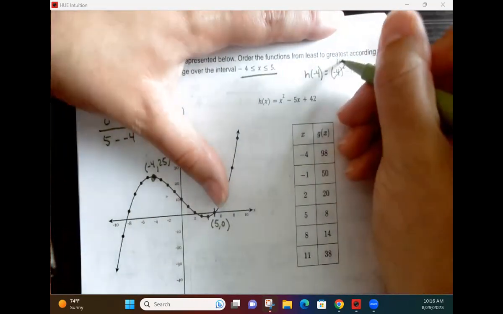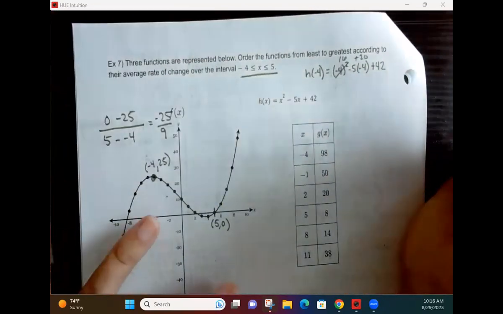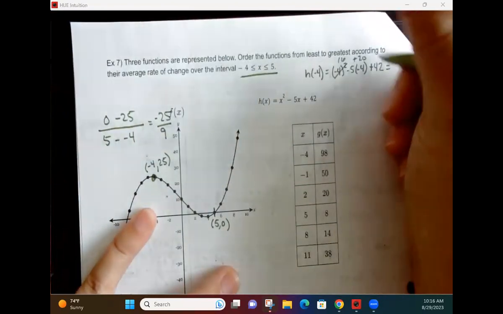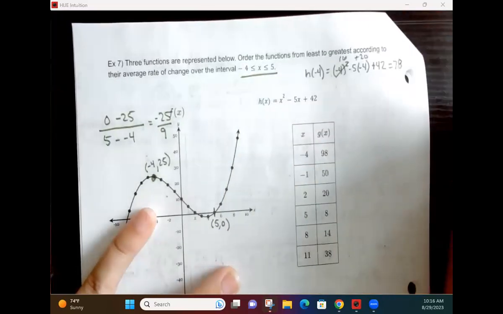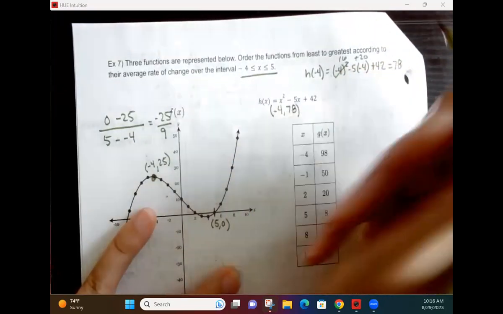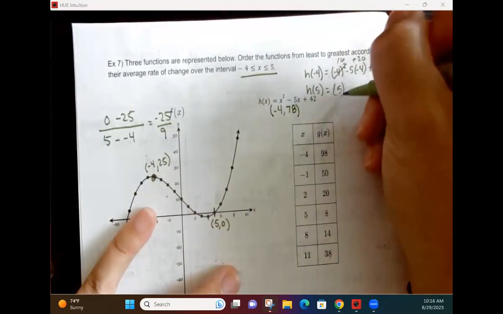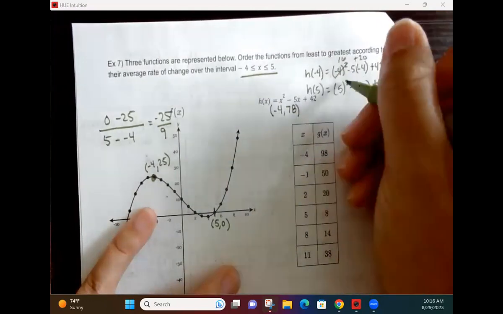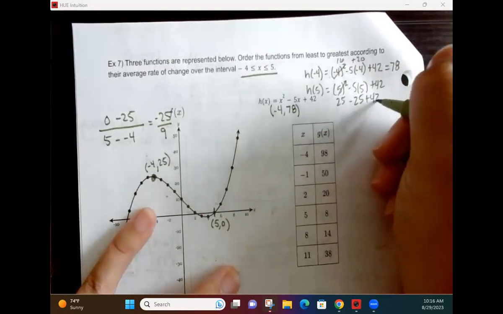That would be 16 plus 20 plus 42, so we would get 78 there. So I have the point -4, 78. And then h of 5 would be 5 squared minus 5 times 5 plus 42. So 25 minus 25 plus 42. That one's a little bit easier.